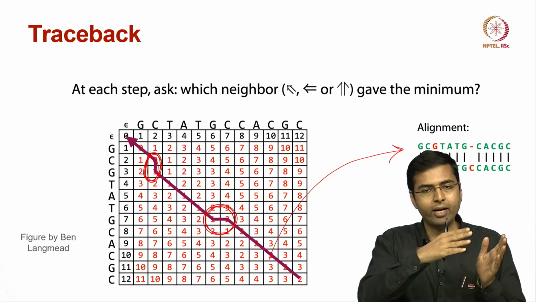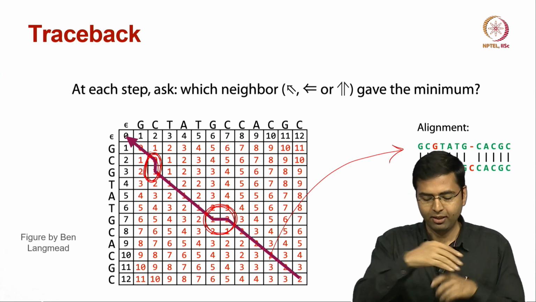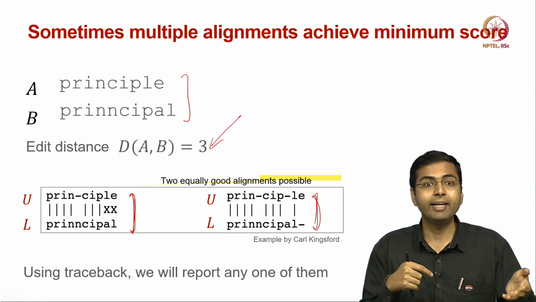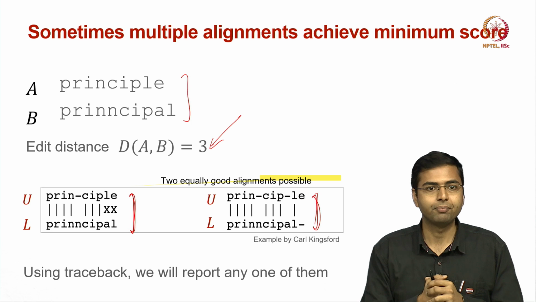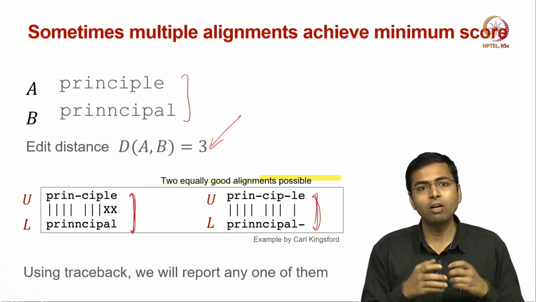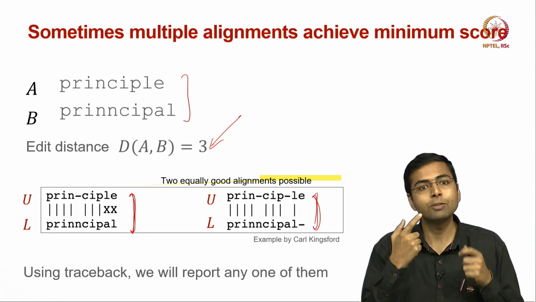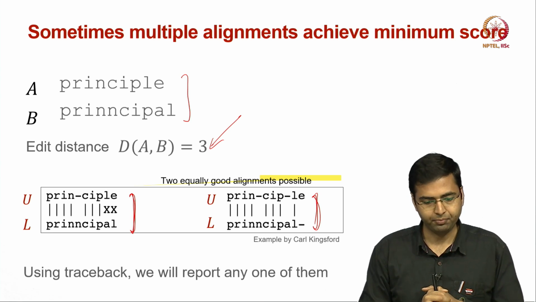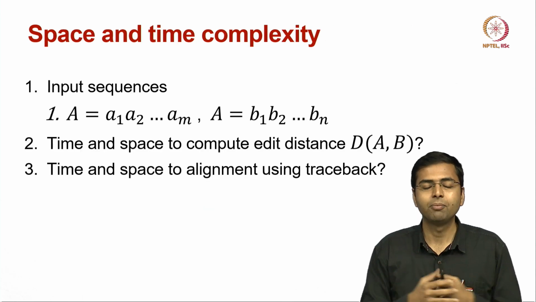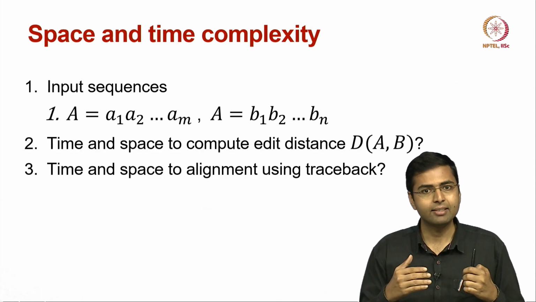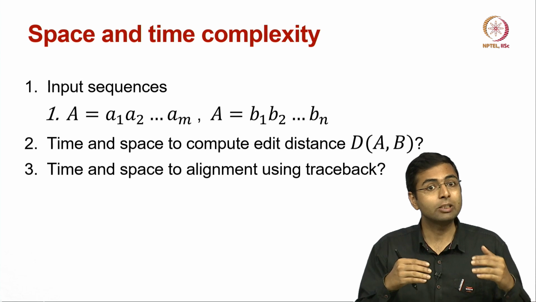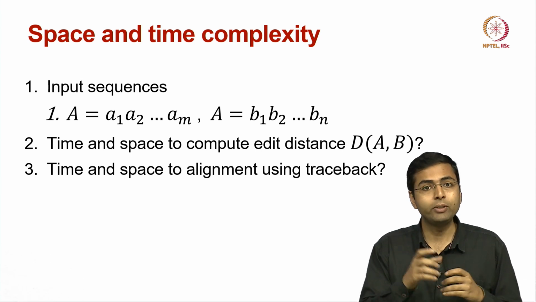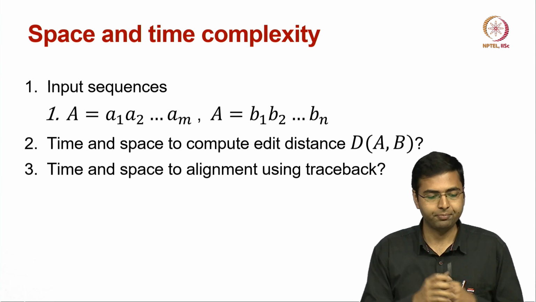Depending on the choice of diagonal, up or left, you will result in one of these alignments, which is okay, because all we want is one alignment that corresponds to the edit distance. So, given this algorithm, now we have the edit distance and we also have the corresponding alignment that uses the minimum edit operations.